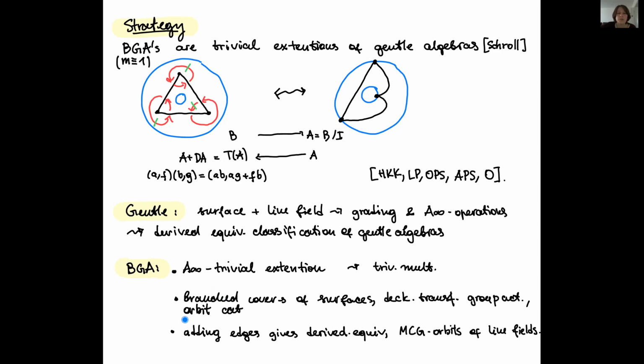Okay, so we have enlarged the class of algebras we are considering, and now we can obtain that in this larger class, adding edges gives a derived equivalence again.